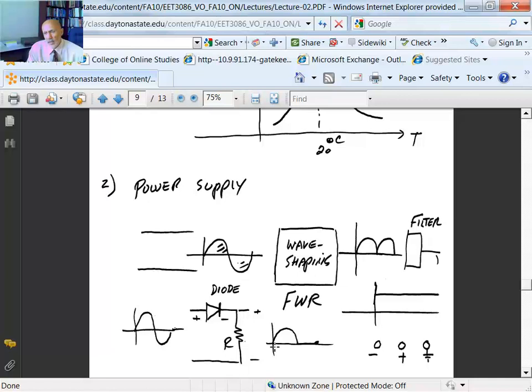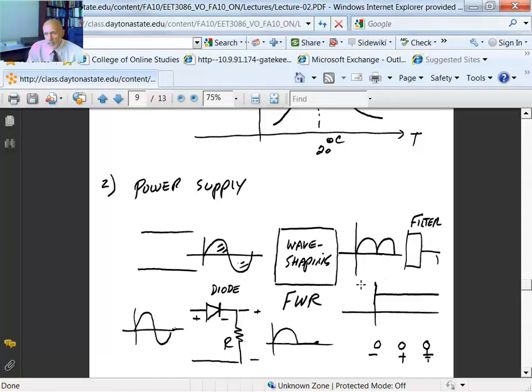Later on, you lose 50% efficiency, as well as accuracy of resolution in a meter. So they decided the best thing to do is to use full-wave rectification. This is called half-wave rectification. Here, this is full-wave rectification. What it really does is, instead of one diode, you use 4 diodes in the form of a bridge.